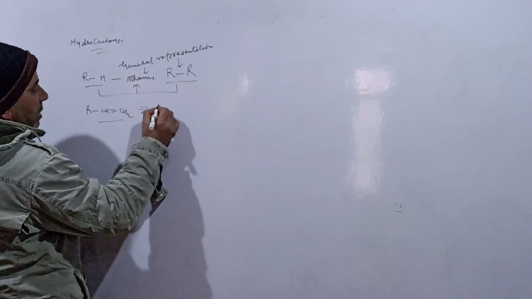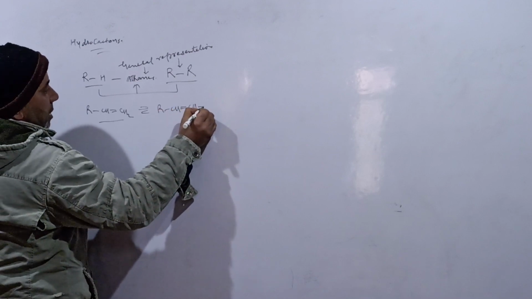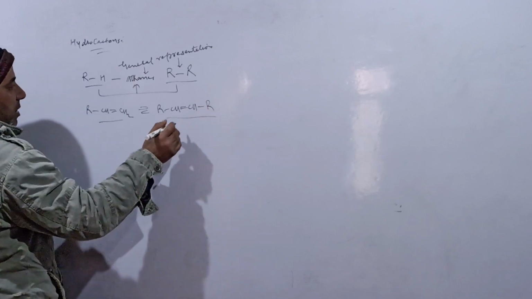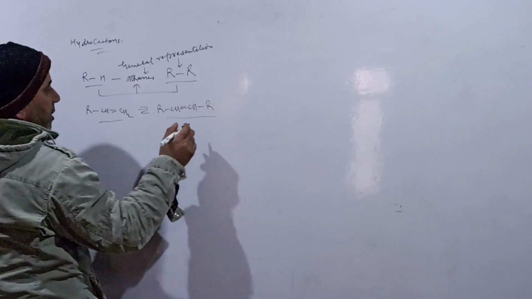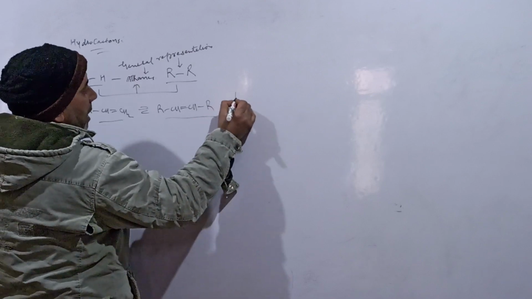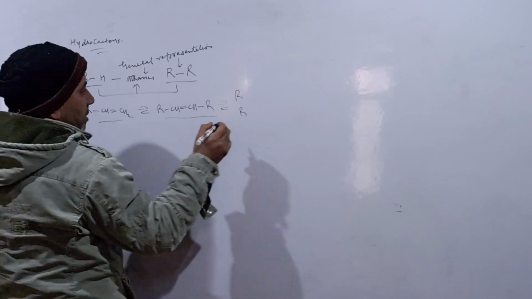Then, for example, R single bond CH double bond CH single bond R will become another general representation for the same thing, and we can represent this like R and R, that is, we replace the hydrogen atoms.